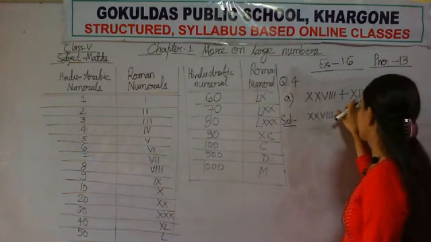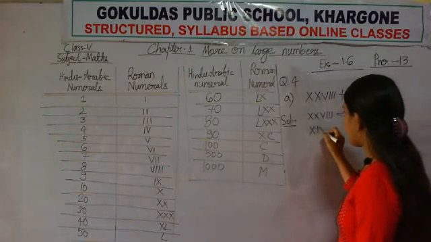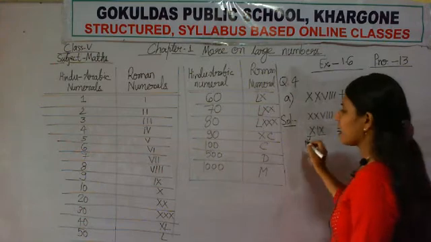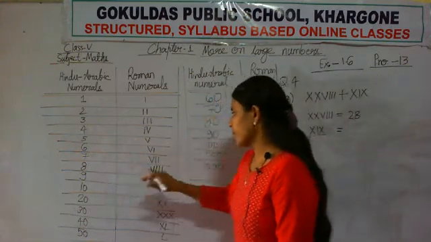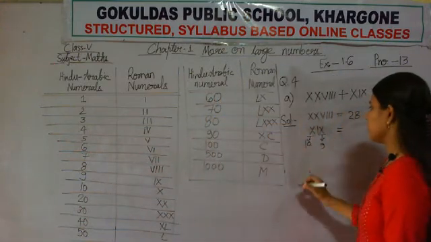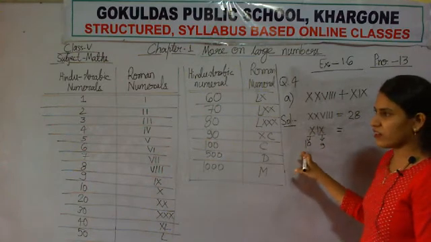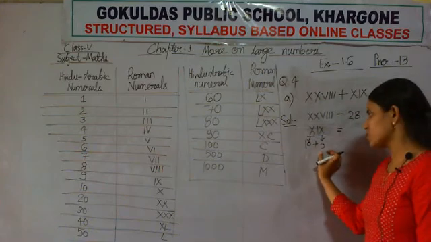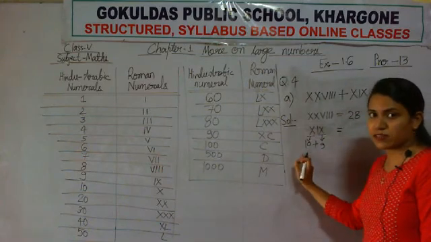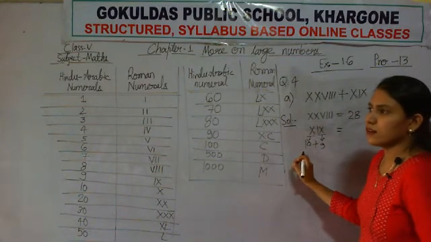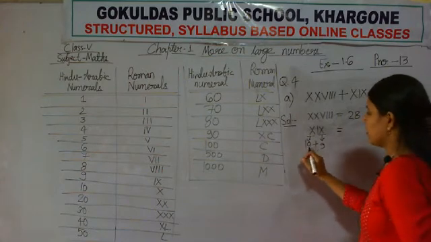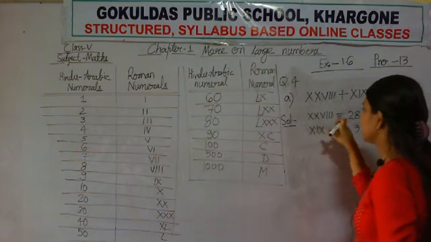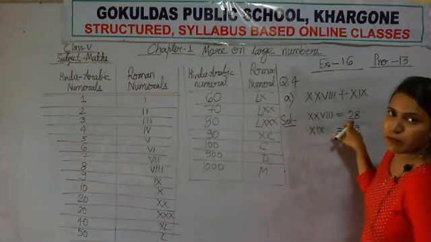The other number is XIX. X is for 10 and IX represents 9. You see that a smaller number is written left to the larger number, here 9 is smaller, so it shows subtraction. It means 19, and the first means 28 in Hindu Arabic numbers.